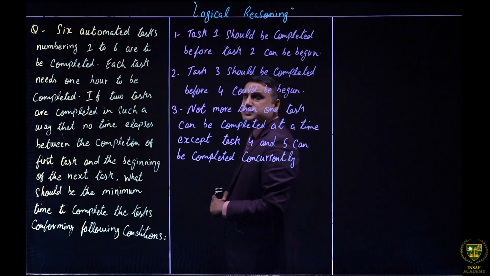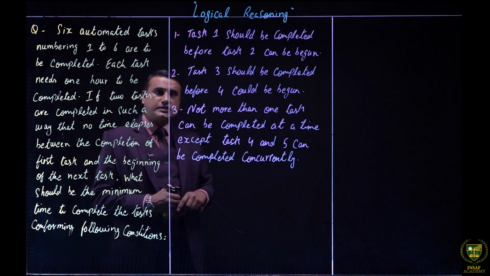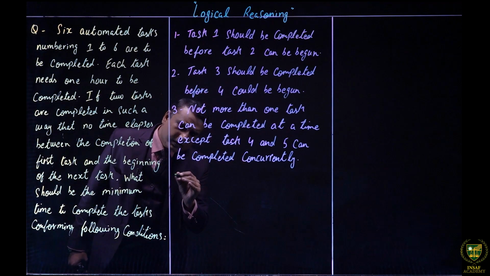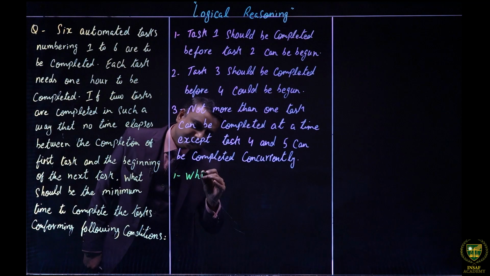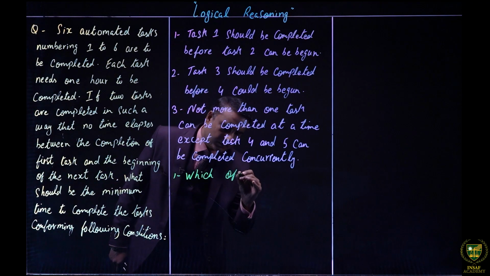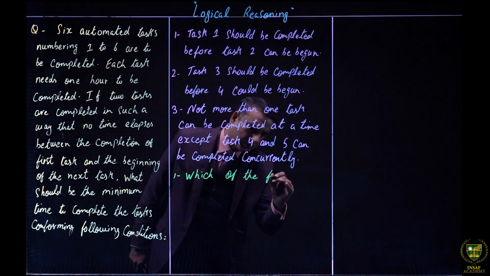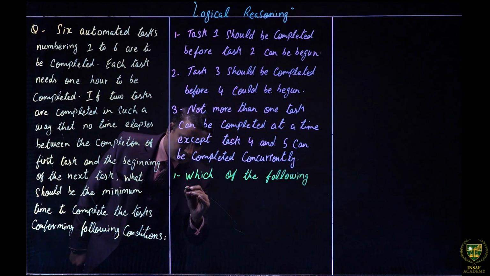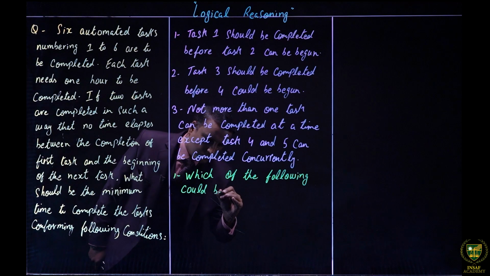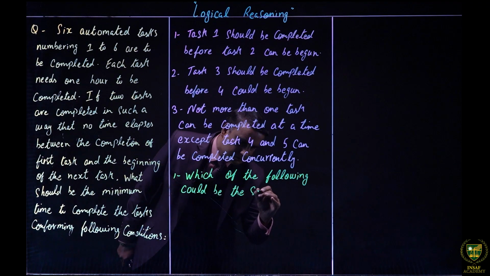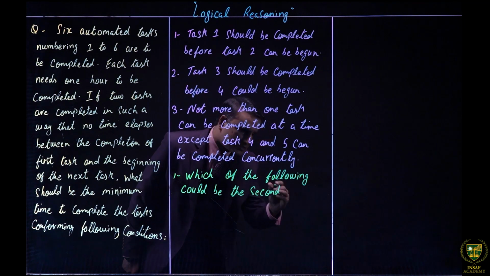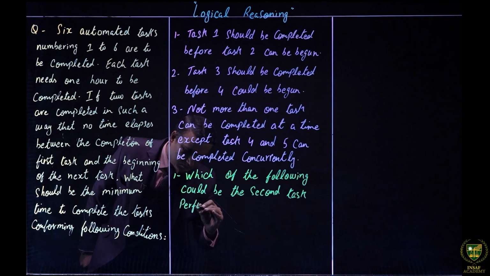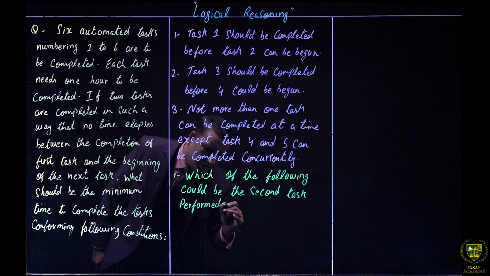सो अब हम देखते हैं कि इसमें हमसे किस तरह के क्वेश्चंस पूछे जा सकते हैं. सो लेट्स स्टार्ट विद द क्वेश्चंस. एंड द क्वेश्चन इज: which of the following could be the second task performed?